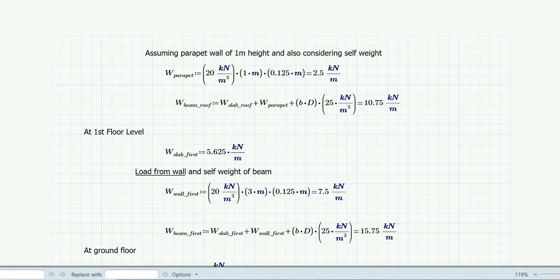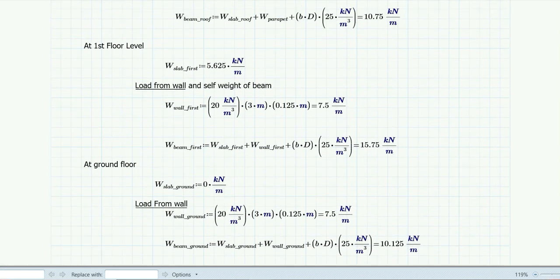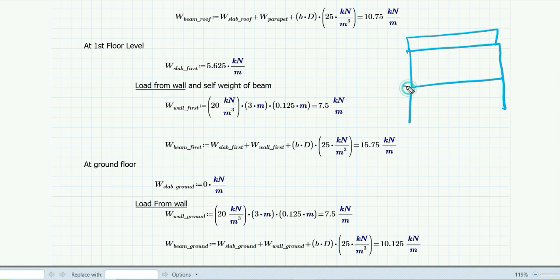Now similarly, if you consider the first floor, so suppose we have the parapet wall over here. In the first floor we have a wall height of 3 meter, right?